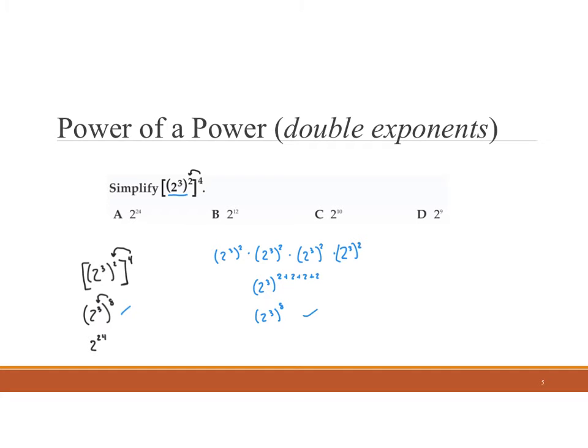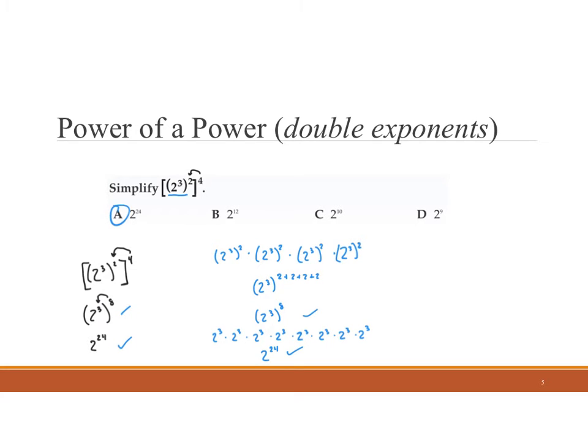Now that means I have 8 of this inside thing. So I have 8 sets of 2 to the 3rd. My base stays the same, and I can just add up all the exponents, which we know is 3 times 8, which gives us 24, and it checks out again.